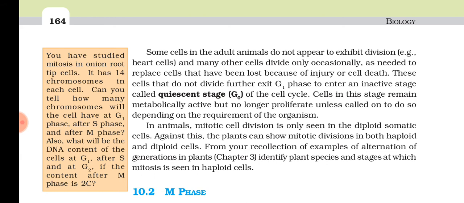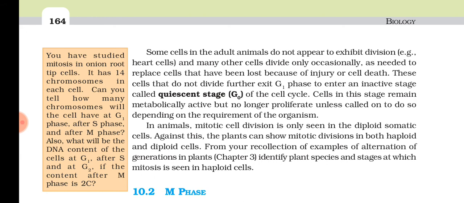They will not proliferate or divide and form next cells until there is demand. If there is no demand, then the cells will not enter into cell division, and they remain in the quiescent stage or G0 stage.